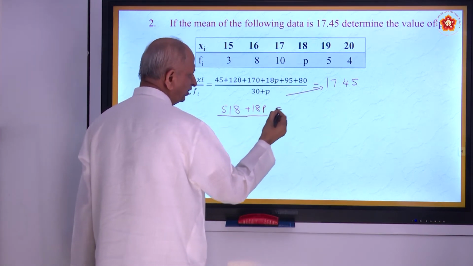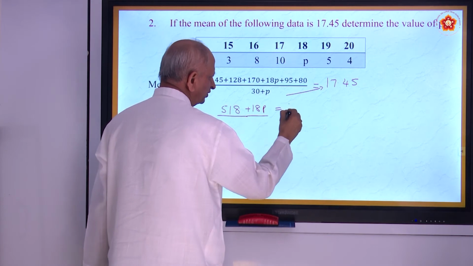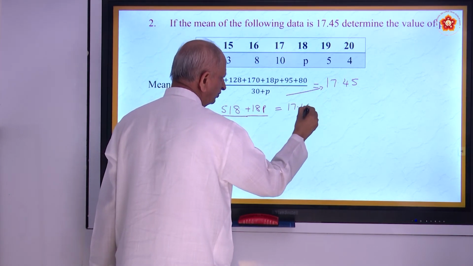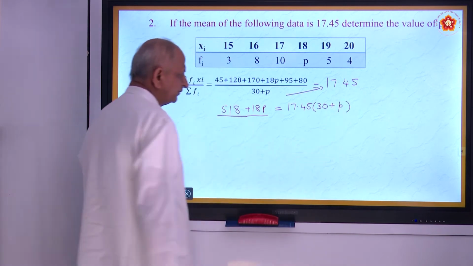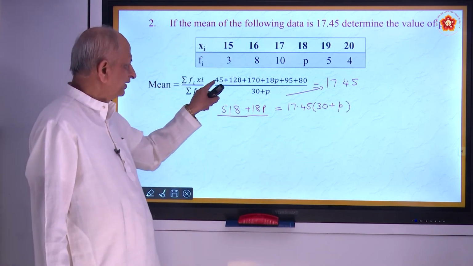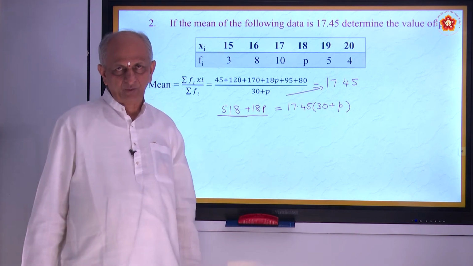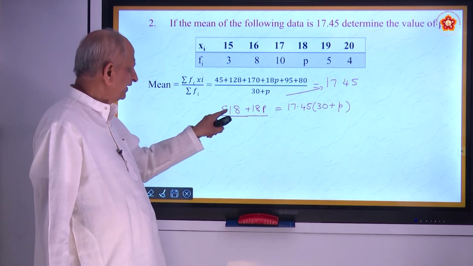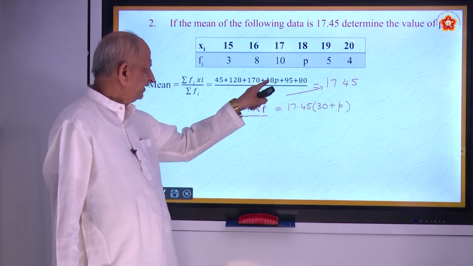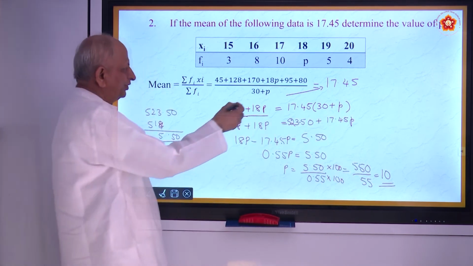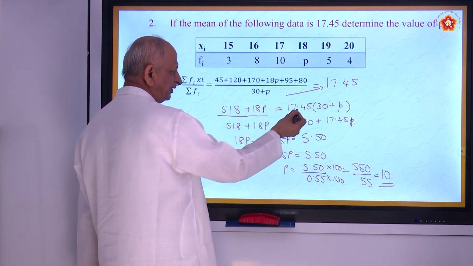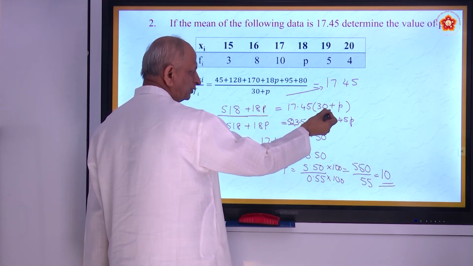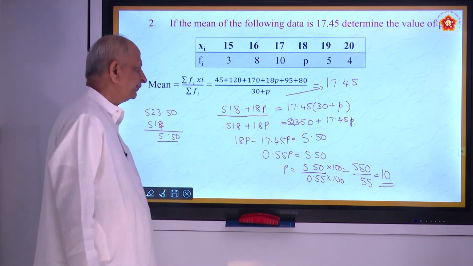That is equal to 17.45 into 30 plus p. Are you following? So what you have done is added all the items above. That came to 518. Then 18p as it is you write. So you cross multiply. You get 518 plus 18p is equal to 17.45 into 30 plus p.